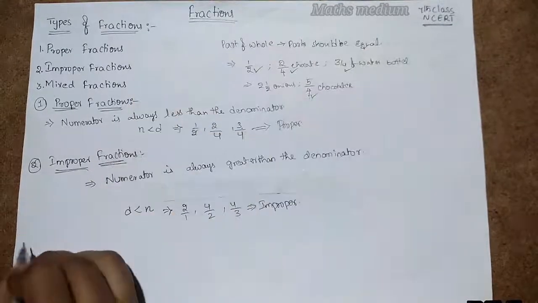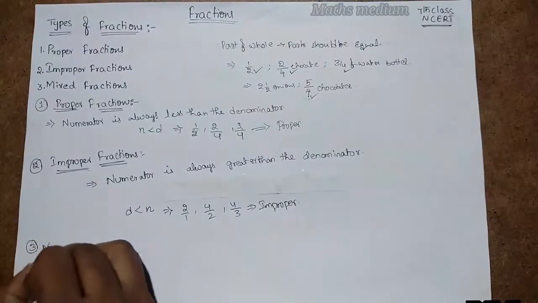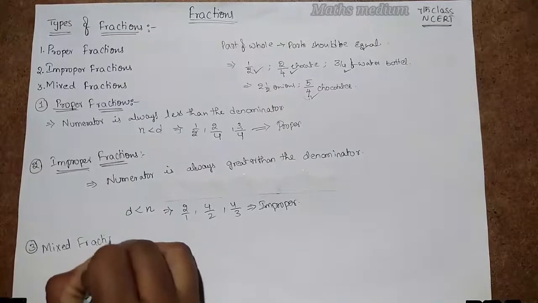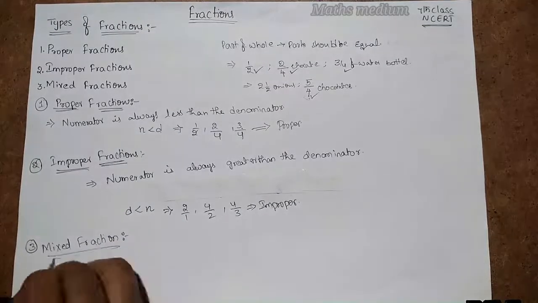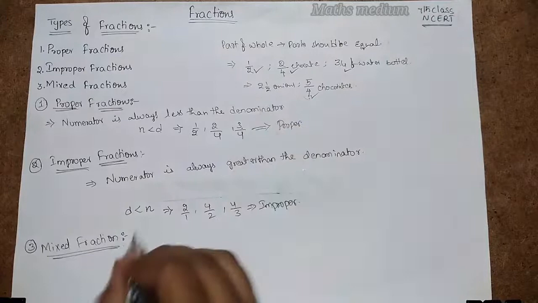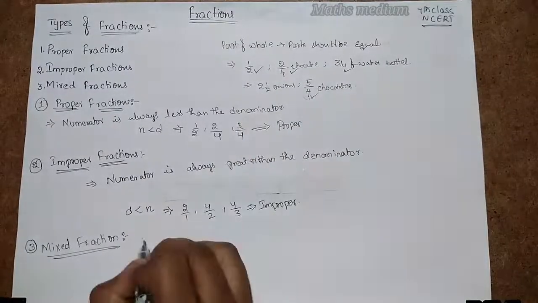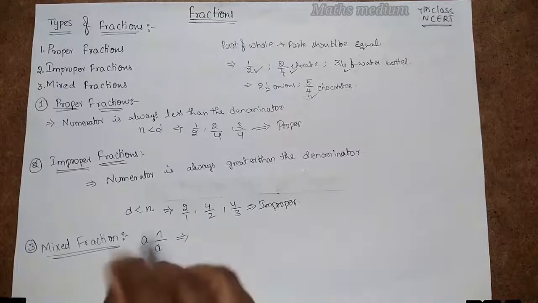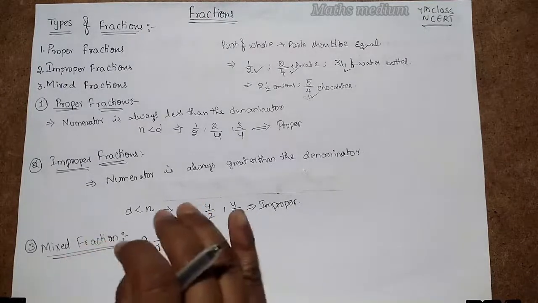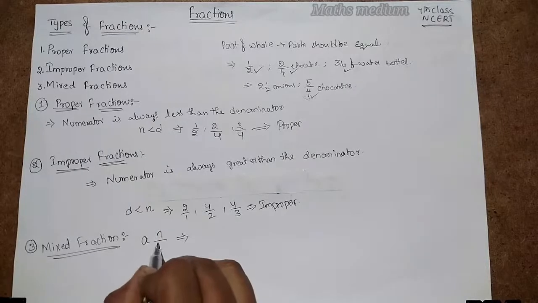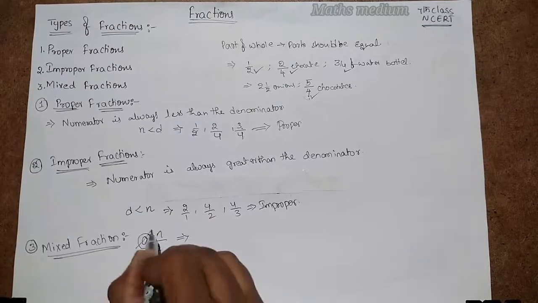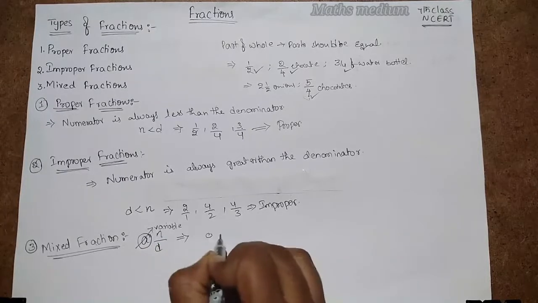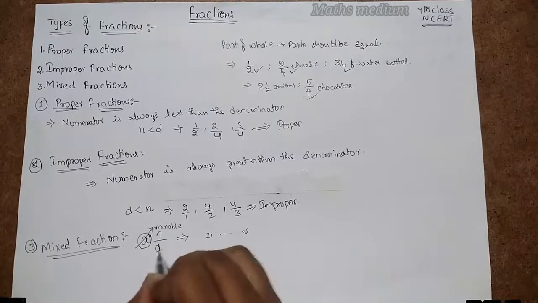Next, coming to the mixed fraction. Mixed fraction is nothing but mixing the fraction. For example, it is in the form of a n by d. Whether it is an improper or proper fraction is not the matter, it is in the form of a, where a is a variable. It means 0 to any infinity value, like the numerator and denominator.